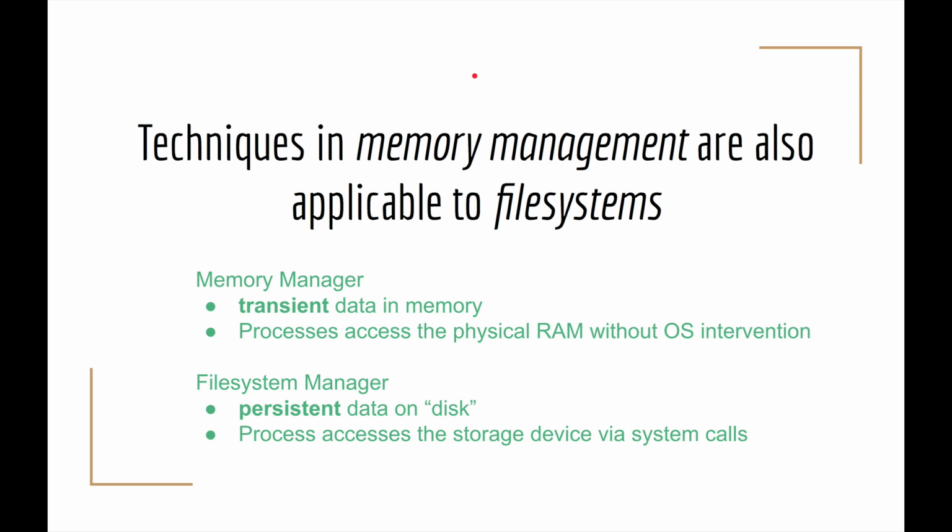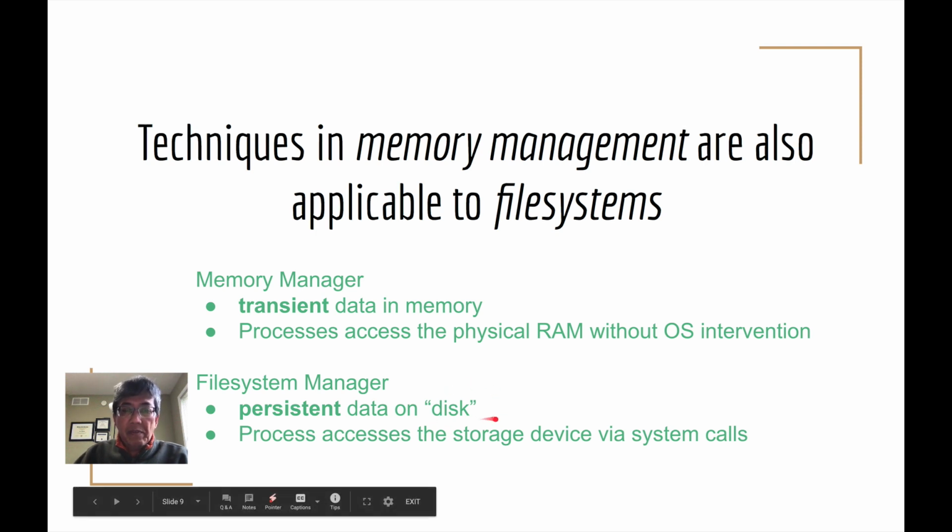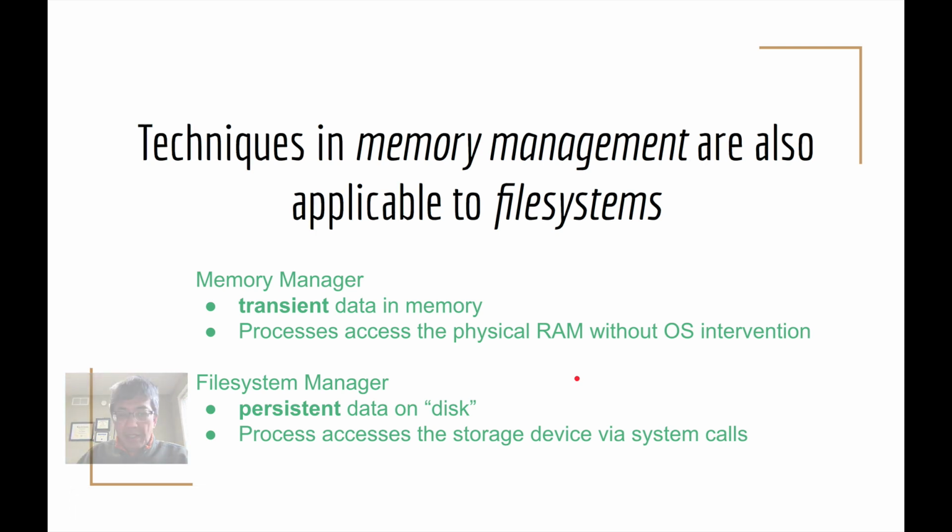There are a few minor differences. In memory management, we deal with transient data in memory, and the OS does not intercept memory fetches issued by your process. But in file management, we deal with persistent data that we store on a disk, and all accesses to the storage device must be issued through system calls.